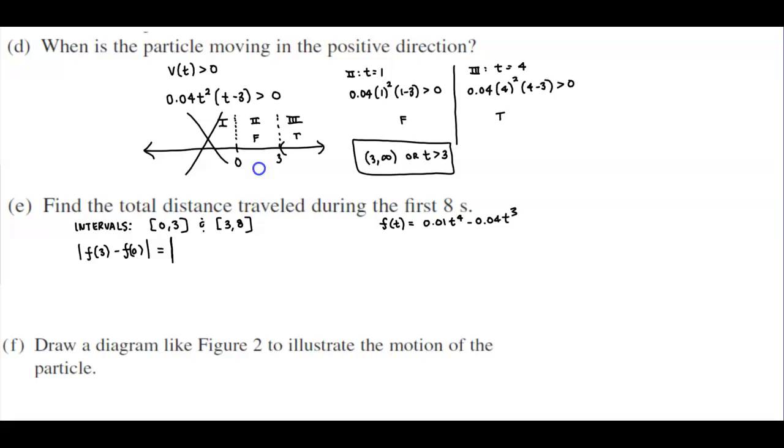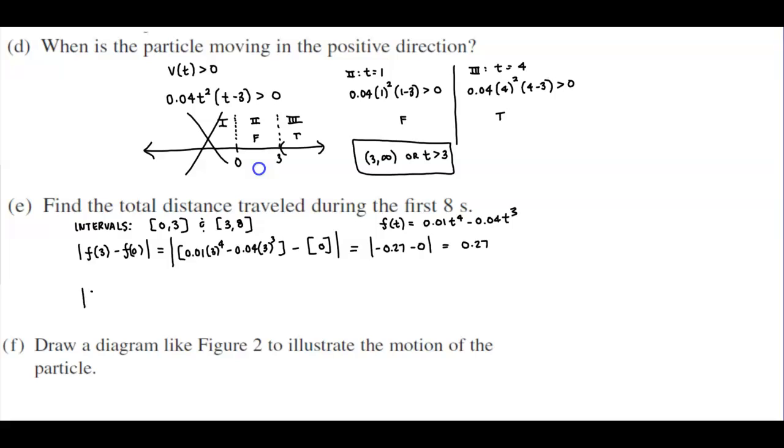If we plug 3 into the position function, that's 0.01 times 3 to the 4th minus 0.04 times 3 to the 3rd power. If we plug in 0 for both of those, it's just going to give us 0. So if we plug in 3, we end up getting negative 0.27 minus 0. Therefore, the distance there is positive 0.27.